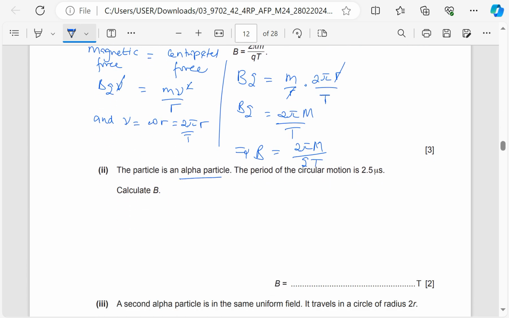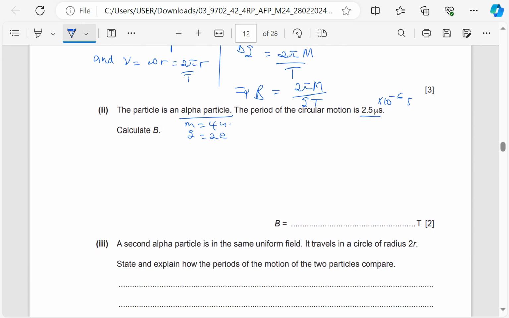The particle is an alpha particle. We know an alpha particle has mass 4u. It has charge twice e. The period of the circular motion is 2.5 microseconds. So that is times 10 to the power of minus 6 to change it to seconds. Calculate B. So I'll just substitute in this expression.